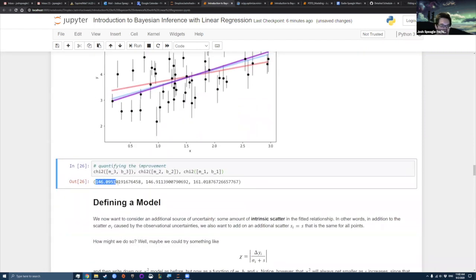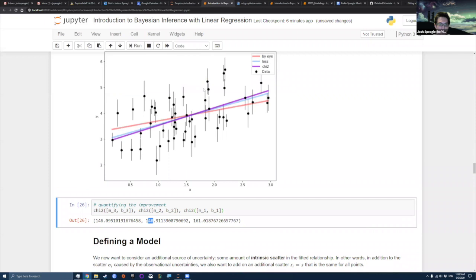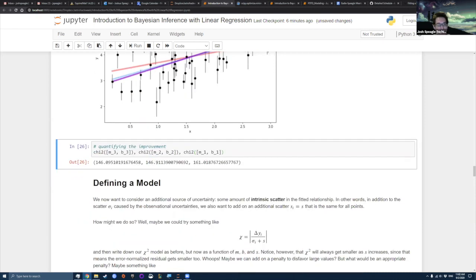Compared to the original one that I fit by eye, this is a dramatic improvement. Now that we're looking at the error normalized results rather than just the actual residuals, this isn't an improvement in loss of say 1. This is now an improvement in error normalized residuals by something on the order of 14. So that's now a pretty big improvement.